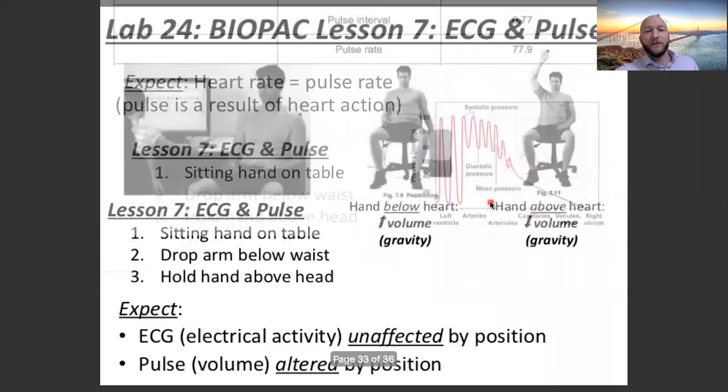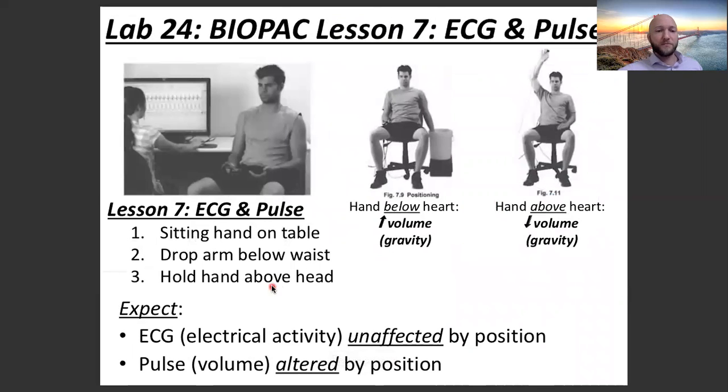All right, so let's move on to the next slide. So when we hold our arm below our waist, or when we hold our hand above our head, how is that going to affect the electrical activity of our heart, and how is that going to affect pulse pressure? Well, the ECG is actually unaffected by position. I mean, maybe your heart rate goes up a little bit because you're using energy to hold your hand up above your head.